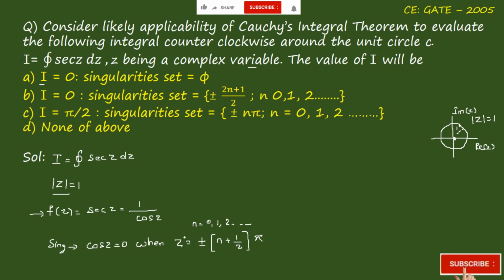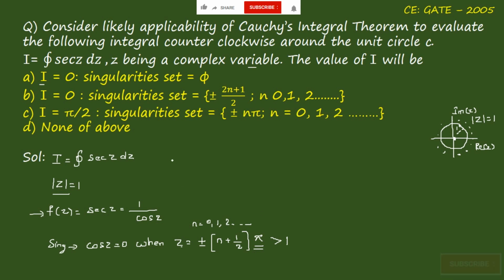We have to check which of the poles will be inside this particular circle. Now if you apply n is equal to 0, 1, 2 or 3, it always will be greater than 1. So all these particular poles will be outside the unit circle.